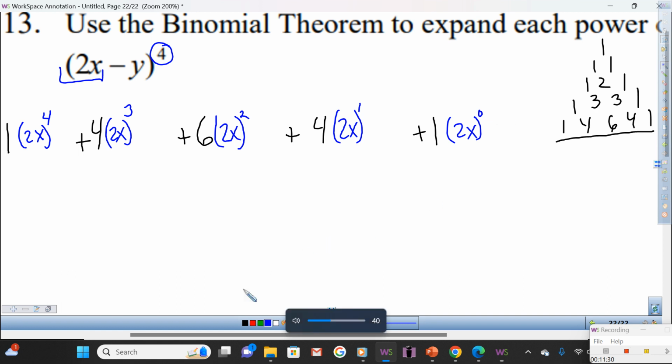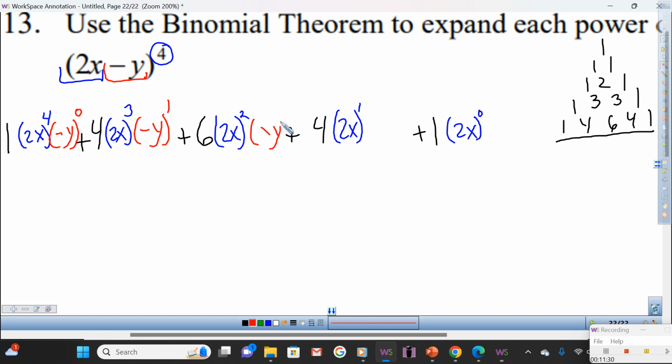So far so good, yes? We go to the second term of our binomial, which is negative y. Put that in parentheses. But instead of starting with the fourth degree, we start with what? 0. And then it ascends. Negative y to the first, negative y to the second, negative y to the third, and negative y to the fourth.